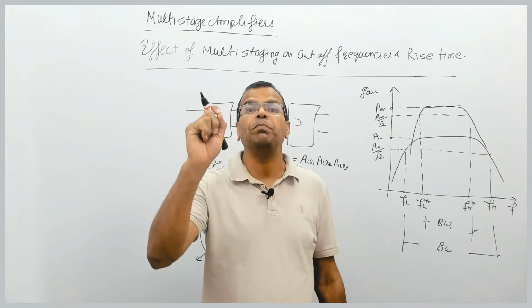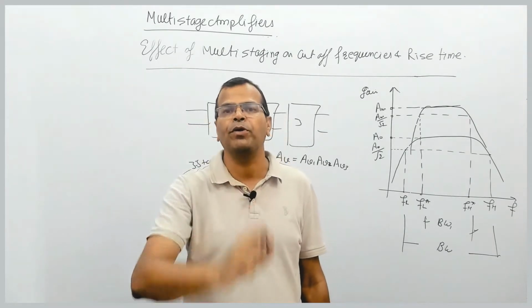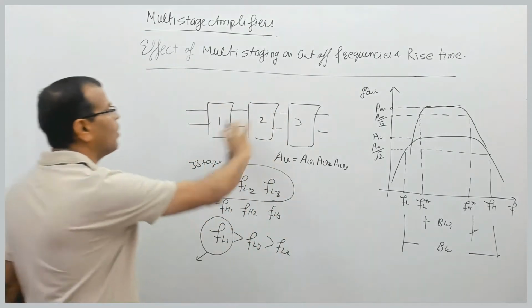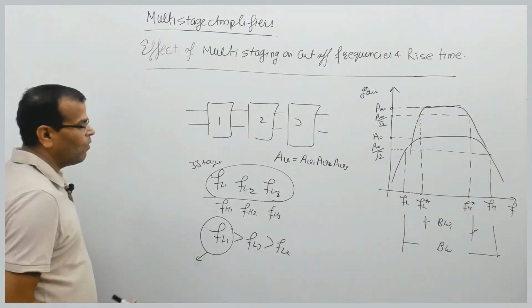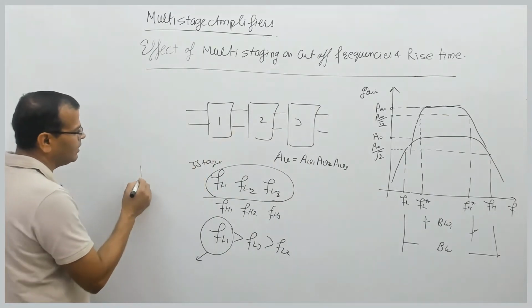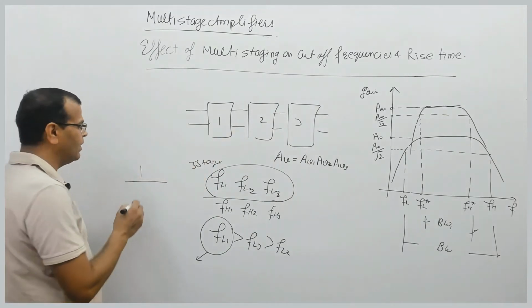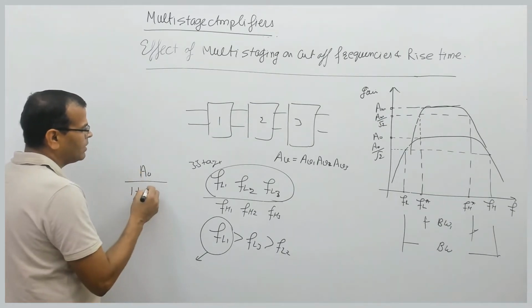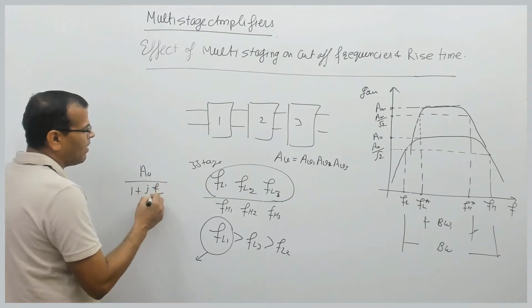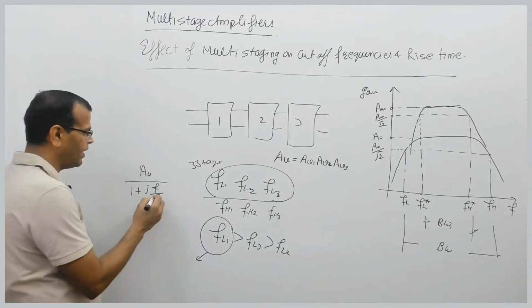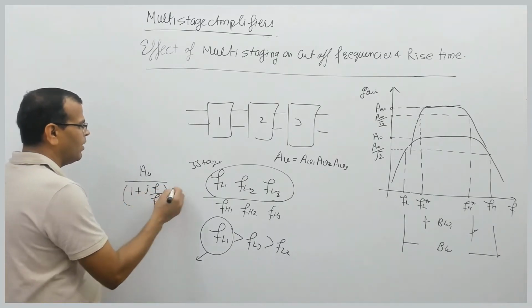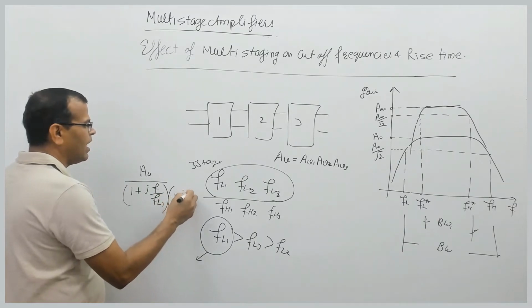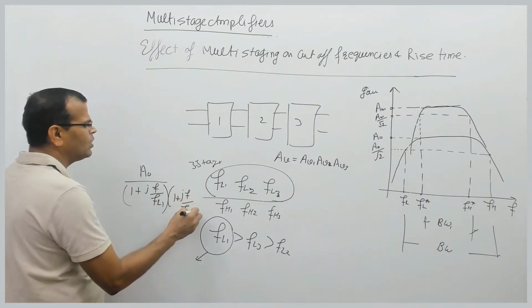Please remember, this is a very important question. For example, if you talk about the overall function, if you remember the high pass filter, what is the transfer function? 1 plus FL1 by F, right? Then 1 plus j FL2 by F and so on.